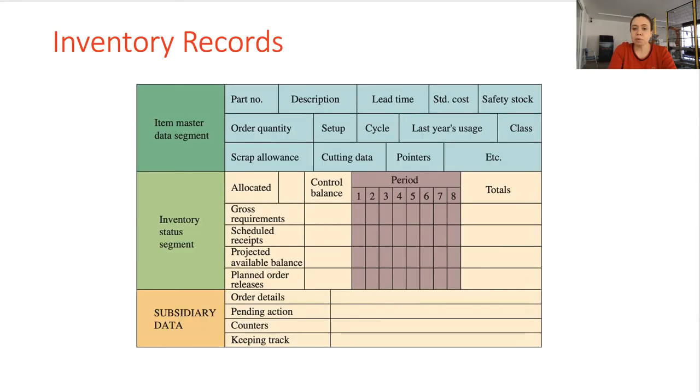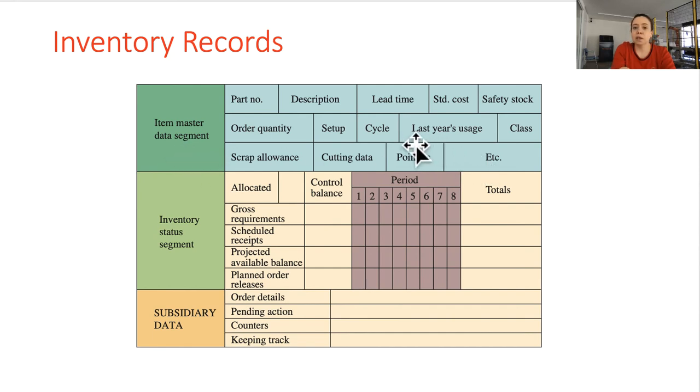The other input for the MRP system was inventory records. For each of the raw materials, components, etc., we have such inventory records that we keep in the system. For example, here is the master data segment.